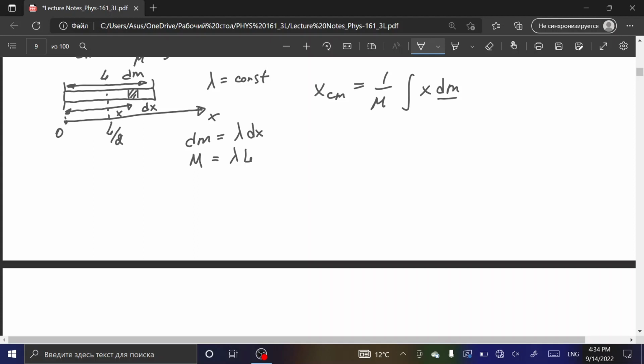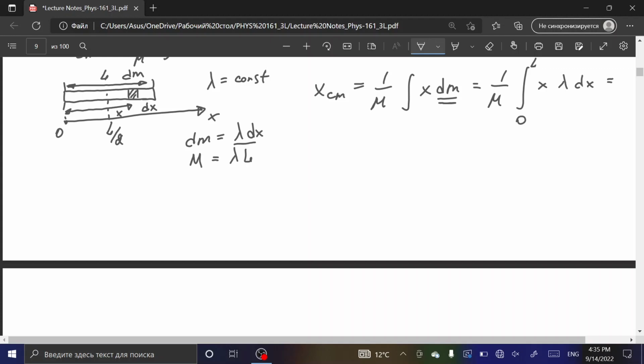Now we substitute lambda times dx instead of dm and continue. So it will be 1 over capital M integral. Now we can define the limits. It will go from 0 to L, through the whole length of the rod. And here will be x times lambda dx.